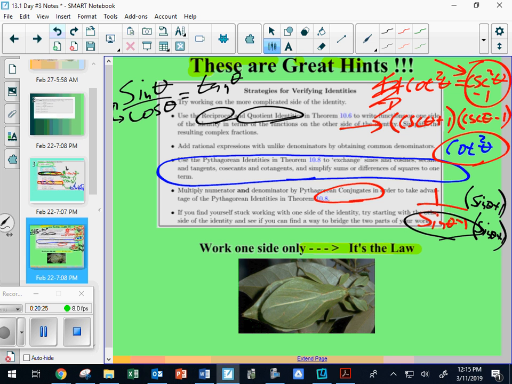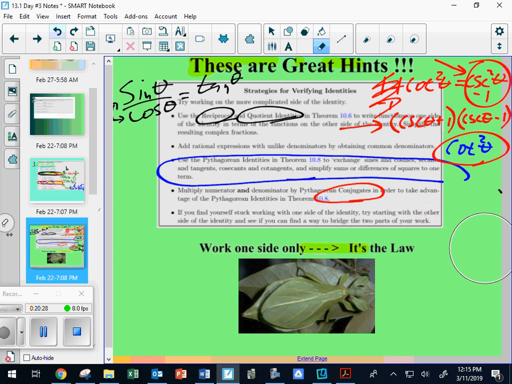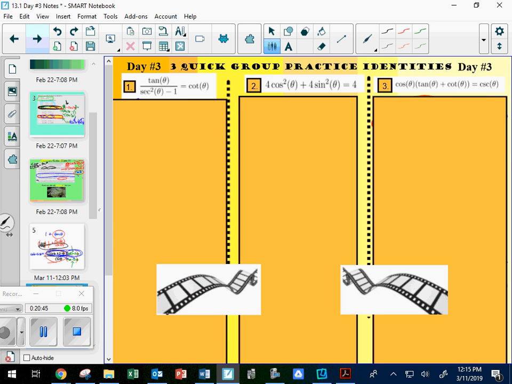And then this last one is a nice little hint. If you find yourself working with one side of the identity, try starting with the other side of the identity and see if you can find a way to bridge the two parts of your work. What they mean is, go to, everybody, this page. Let's say you're stuck on this problem and you've done some stuff and it doesn't seem to be working. And just for a minute, it's not cheating to go over here and say, what could I replace cotangent with? 1 over tangent.